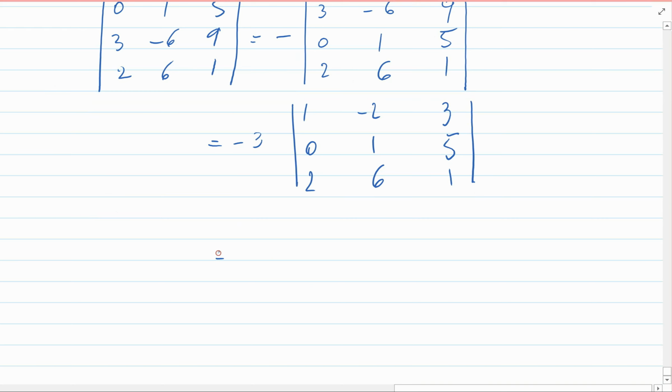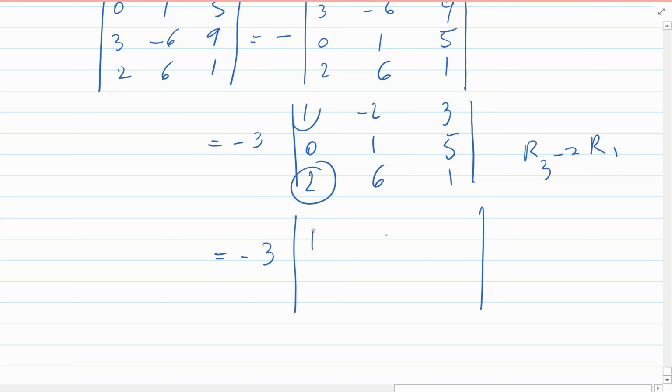Now to kill the 2 that we have right here, using the 1 as the leading coefficient from the row elementary operation techniques, we take the third row R3 minus 2 R1.